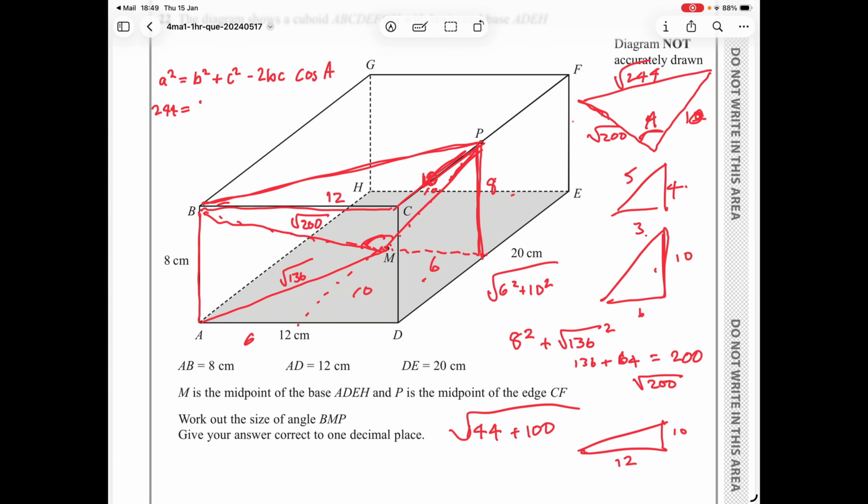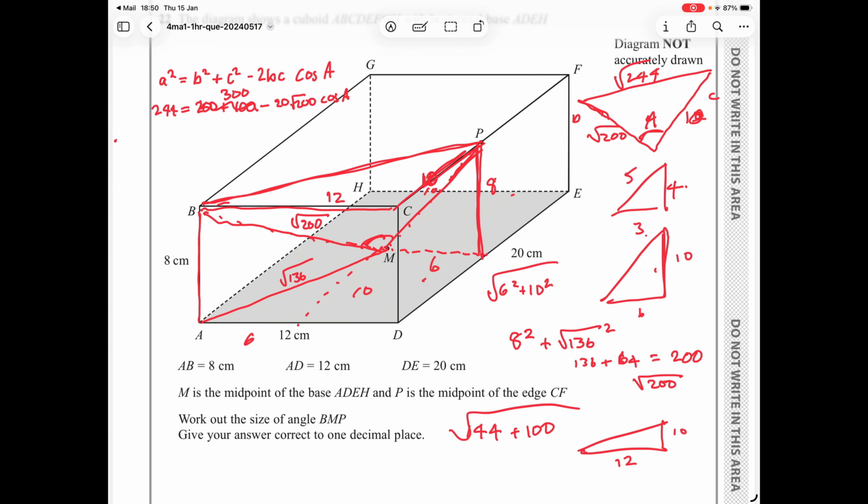I'm going to call that B. Let's see. So equals 200 plus 100 minus 20 root 200 cos A. So it equals 300. That's 300.